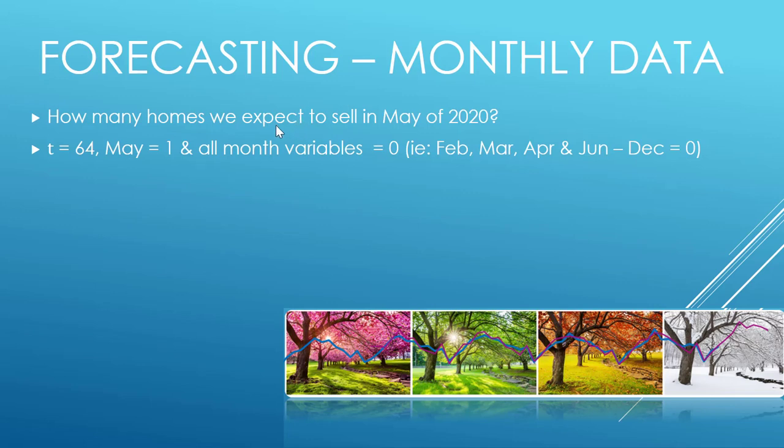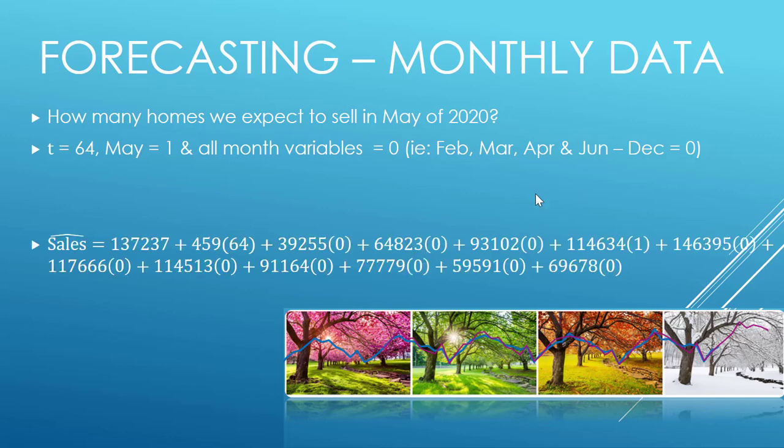Okay, and then the May dummy variable would be a 1. All the other ones would be 0s. So it's going to look like the following. We're going to put in 1 for May, and then 0 for all of the other ones here, and a 64 for the time. Our sales are going to turn out to be 281,260.